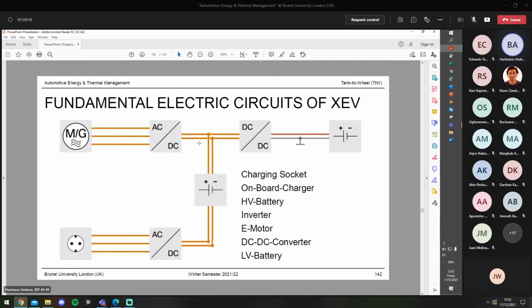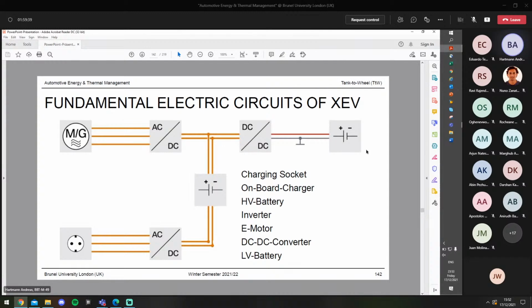And then during operations, when the vehicle is running, you again need power electronics, a so-called inverter, to transform the DC electricity into AC, most likely into a three-phase AC current again, to make the e-motor run.